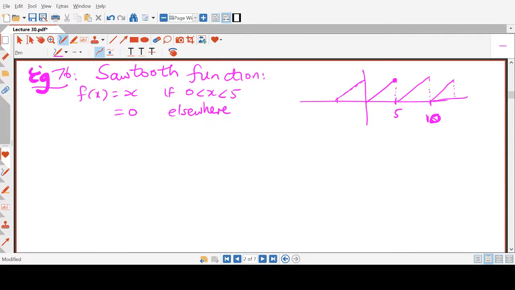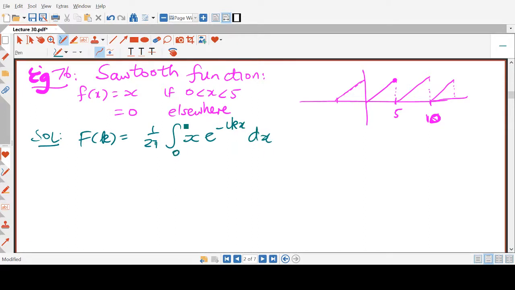Okay, anyway, it doesn't matter what it looks like. Let's now try to churn out the Fourier integral. So we want the Fourier transform first, F of k. That's 1 over 2 pi, the integral of f of x, which is x, times e to the minus ikx dx.